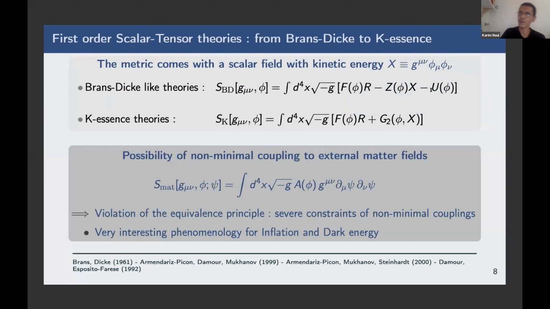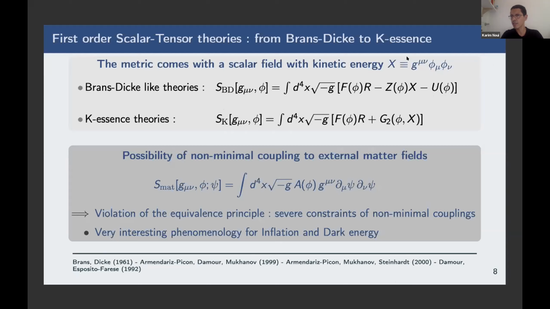So these were considered a long time ago in the 60s, as I said. And just at the beginning of the 2000s, they were generalized in terms of K-essence theory. You see here, I put the references on this work I'm mentioning. So in the 2000s, people introduced the K-essence theories, which are a generalization of this action here.